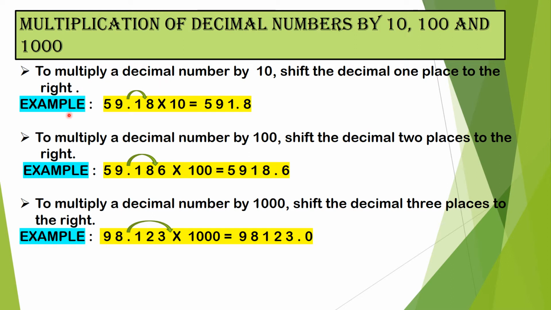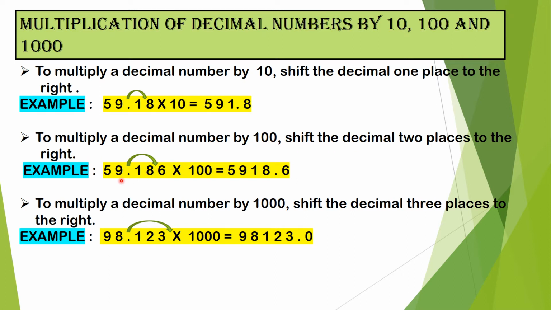Now let us see an example. 59.18 into 10. So 10 has one zero, so you will shift one place to the right. So the answer will be 591.8.